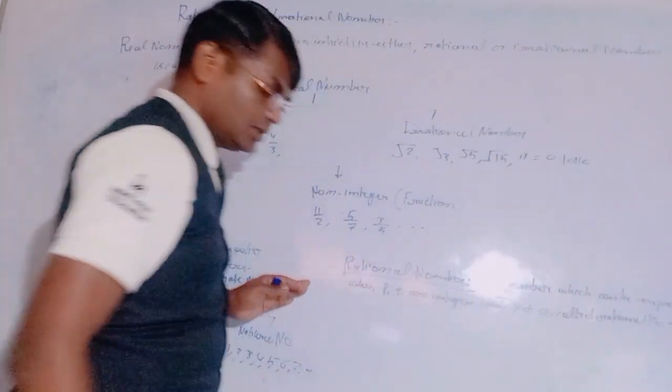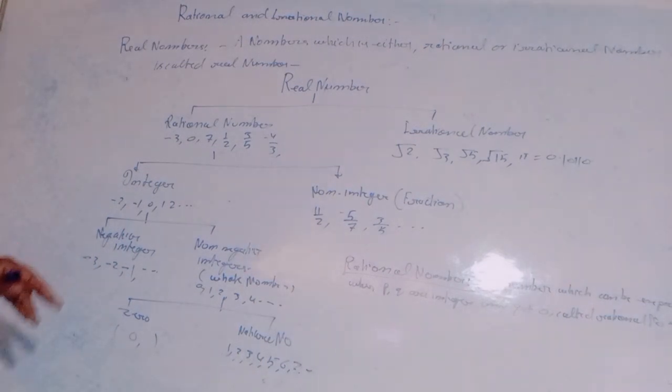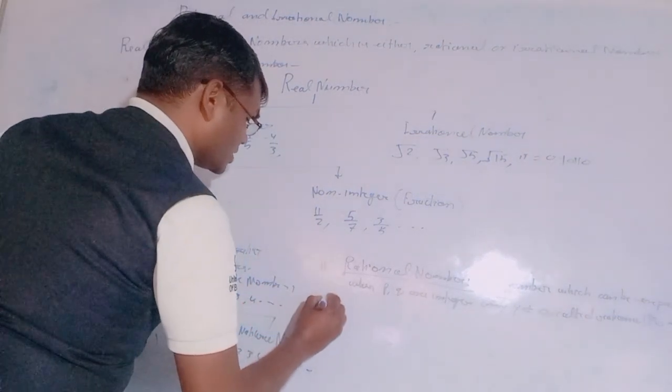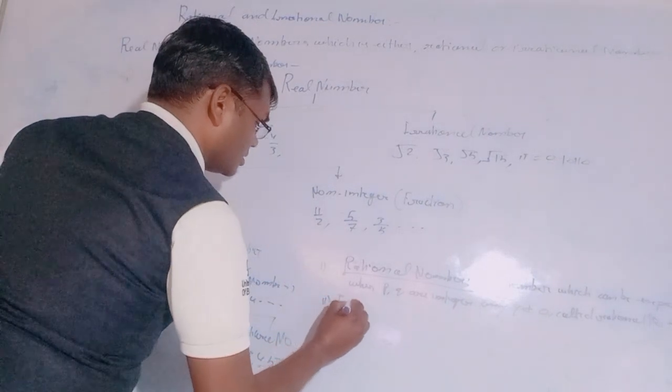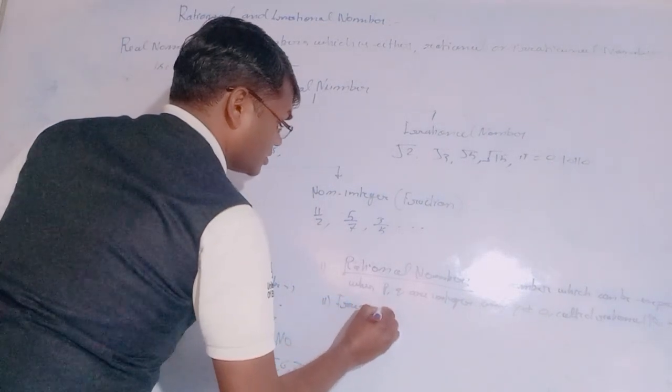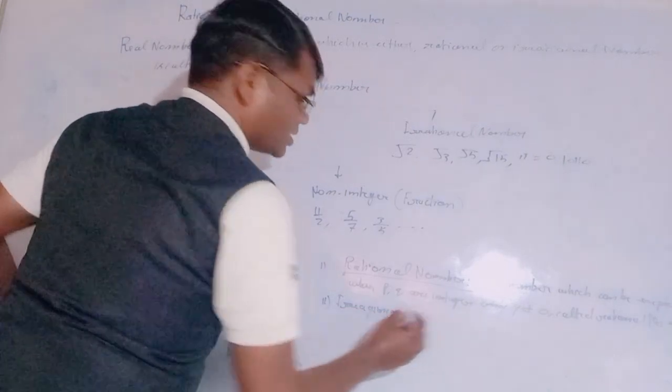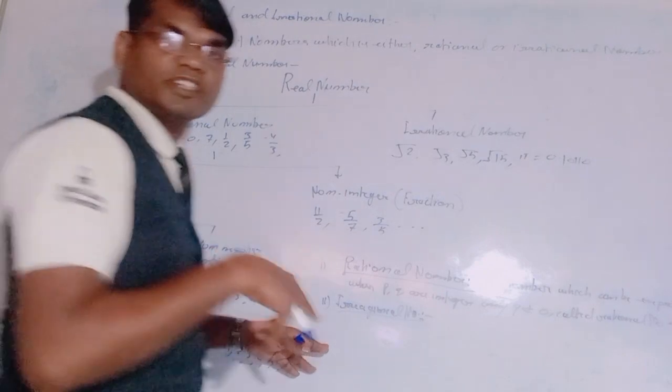Now we will take irrational numbers. How do we define irrational numbers?